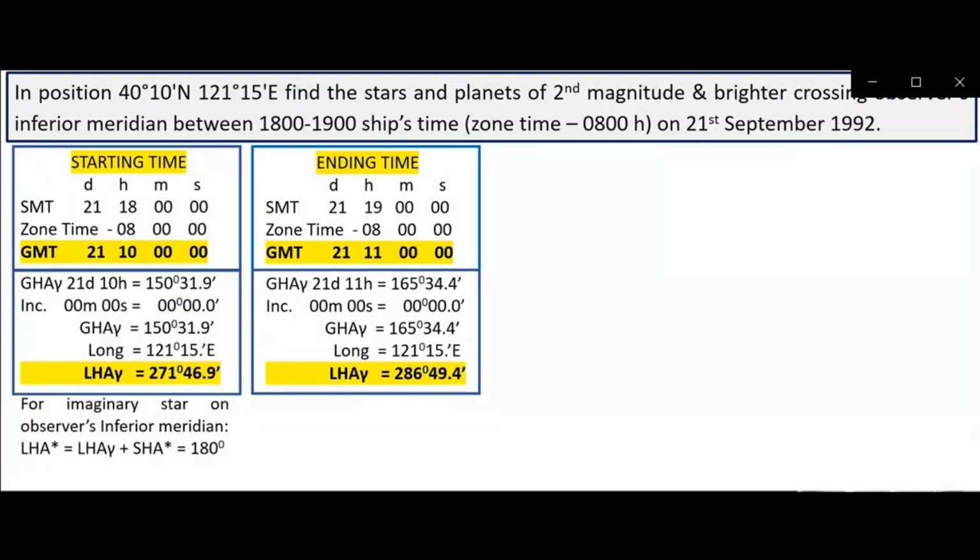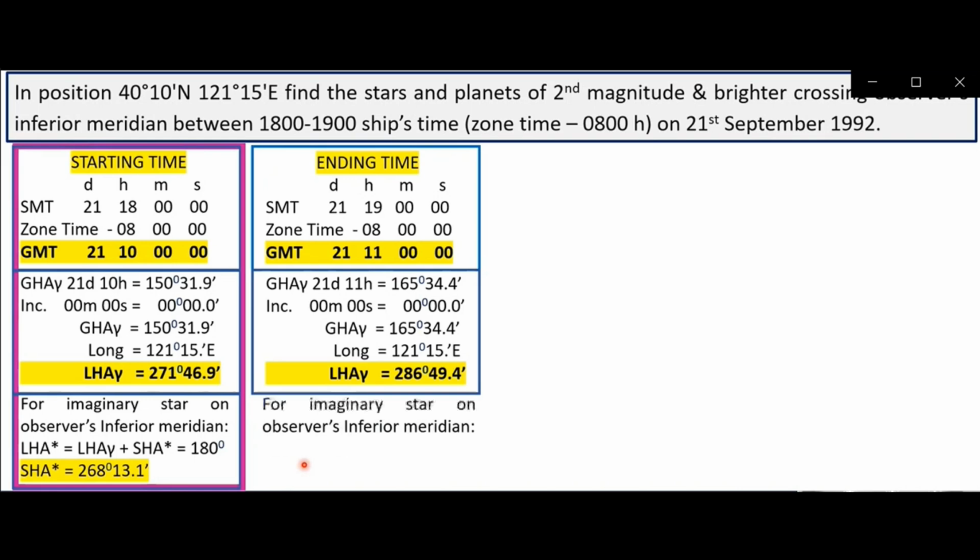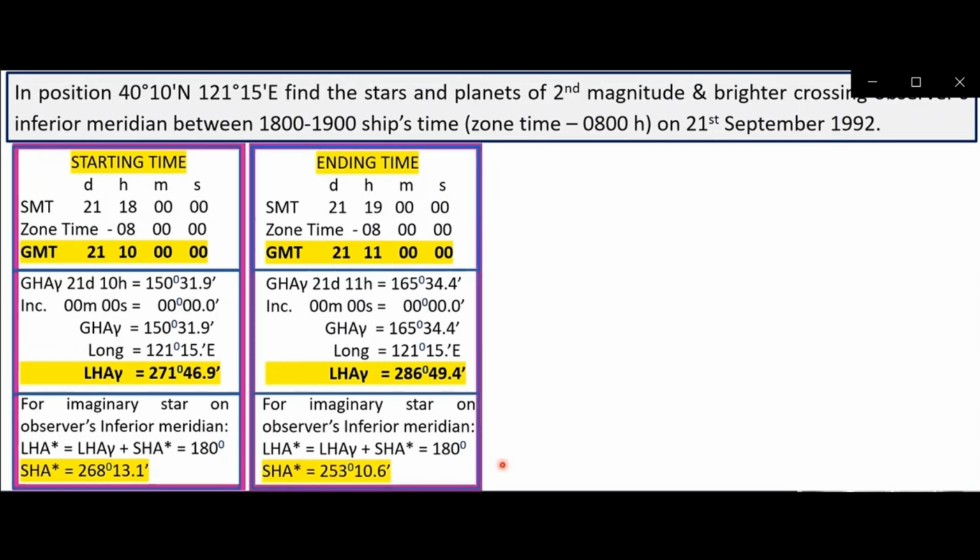You can see here LHA of the imaginary star is equal to 180, LHA Aries is 271, and putting these values, we get the SHA of the star as 268 degrees, 13.1 minutes. Likewise, we get the SHA of the imaginary star on the observer's inferior meridian at the end of the interval, and we put the values, and we get the SHA as 253 degrees, 10.6 minutes.